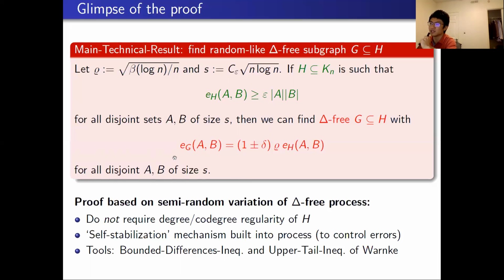As you can see, we need such a result to hold for all disjoint vertex sets of large size. Since there are exponentially many of them, for the union bound we need really good probability estimates. So some probability tools we need are the bounded differences inequality and some upper tail inequality.